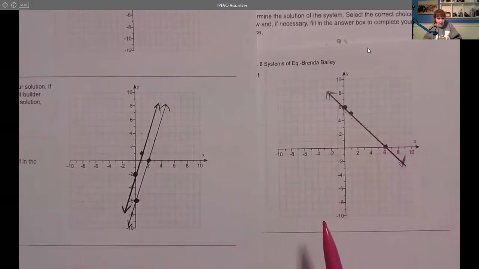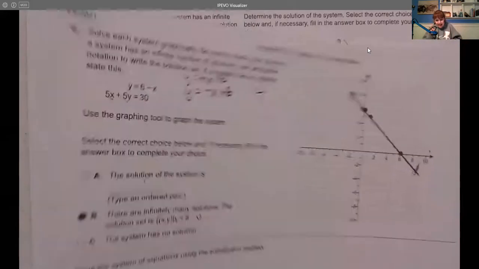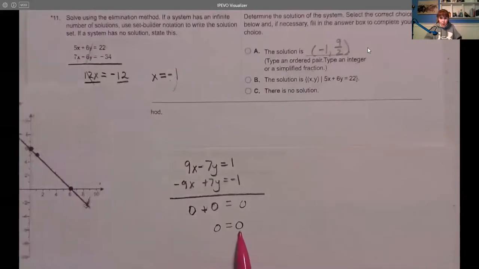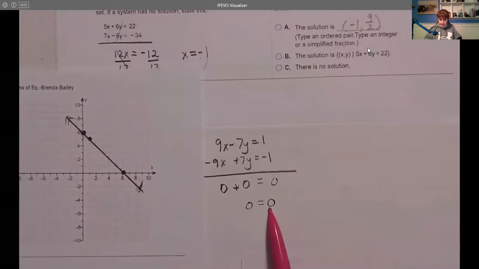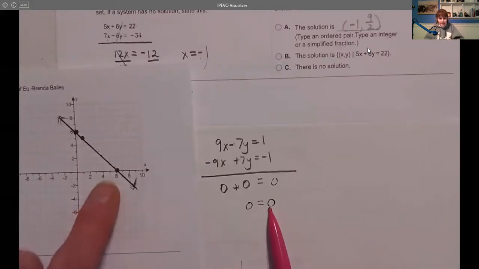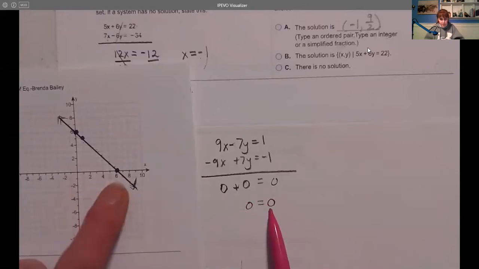Well, if the variables drop out and your statement is true, does 0 equal 0? Yes, it does. You have this case, an infinite number of solutions. So if this is true, you've got this one where they're the same line.